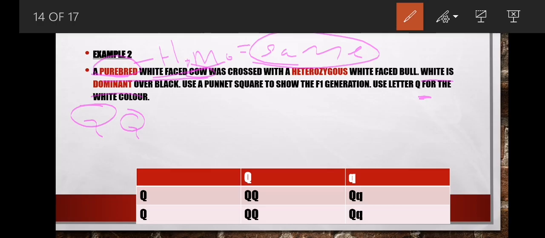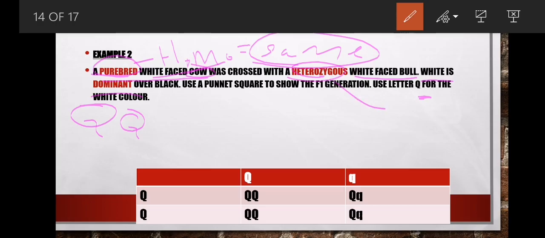Now we go to the bull. They say it was crossed with a heterozygous white-faced bull. So even the bull is white, but now the alleles are different.